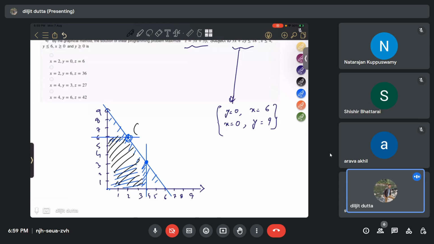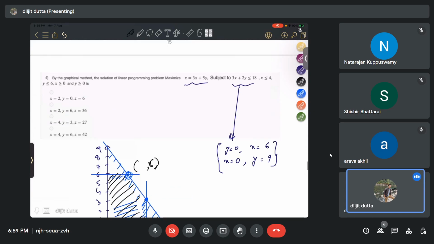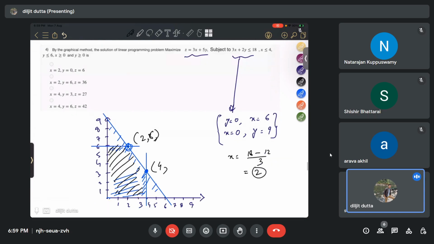Here, y is equal to 6. If we substitute y equal to 6 in this equation, we will get x equal to 18 minus 12 by 3, so x is equal to 2. And for this point, we have x equal to 4 already.